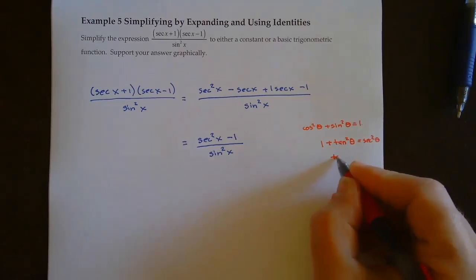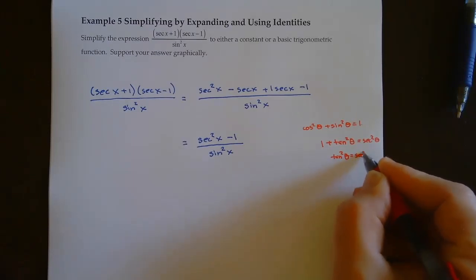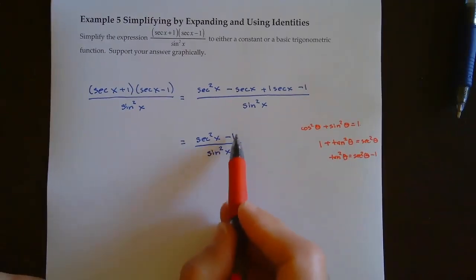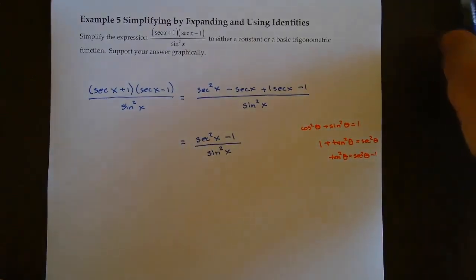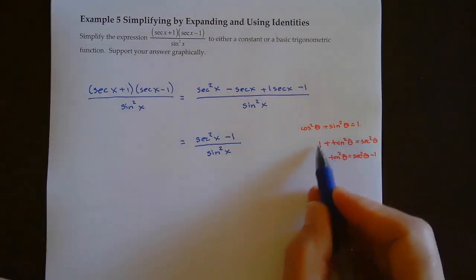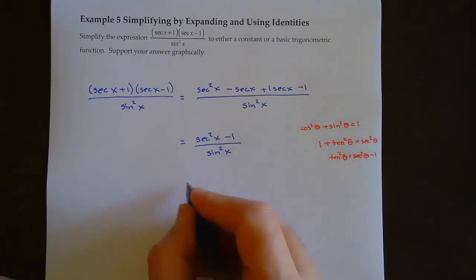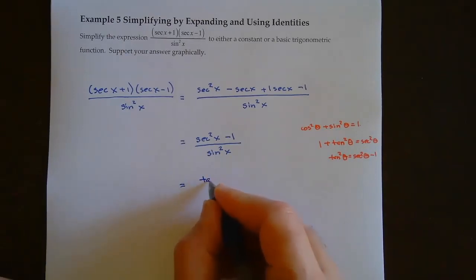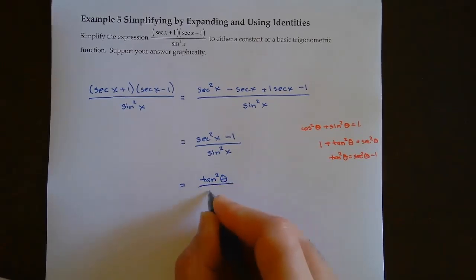So I know that tan squared theta is equal to secant squared theta minus 1. Okay, how does that help me? That means this top becomes tan squared theta, okay? Because that's an identity that must be true, okay? Because it came from this Pythagorean identity, which came from this one, okay? Okay, so that numerator can be rewritten as tan squared theta over sine squared theta.